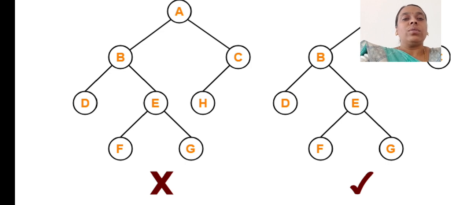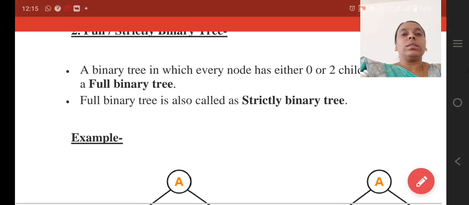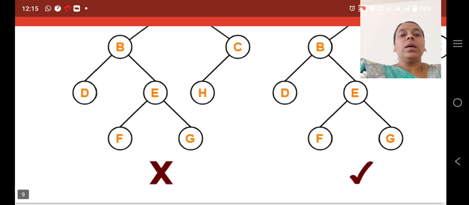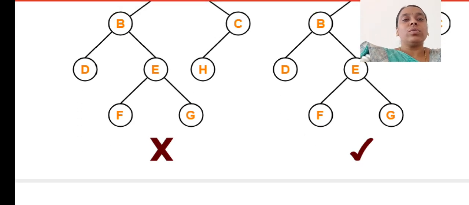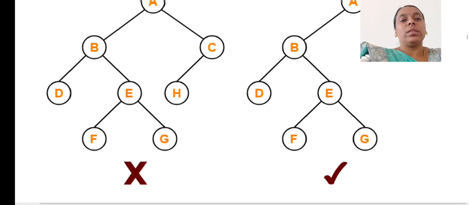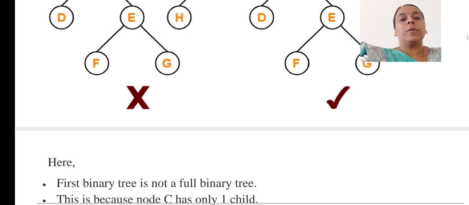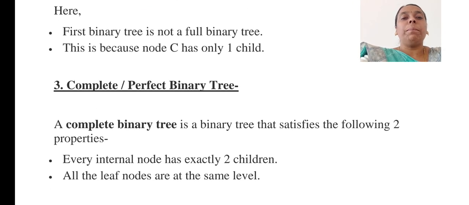In our rule for a strictly binary tree, it is either zero children or two children. The second diagram is the correct one. As a next one, complete or perfect binary tree. Here every node has exactly two children.